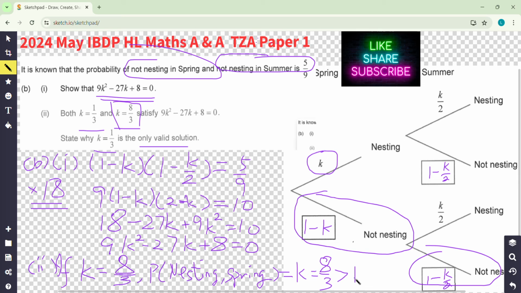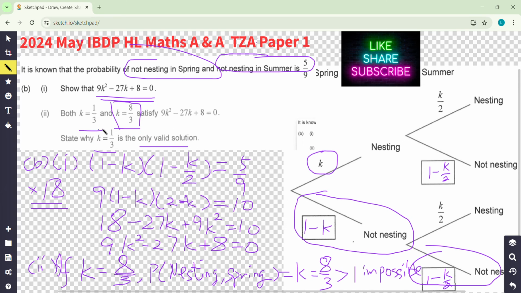So it is impossible. So think about whether you need to talk about the validity of the other one or not. Look at the 4 marks. I think that's enough. Just say that this one is impossible. So K equals 1 over 3 is the only valid solution.